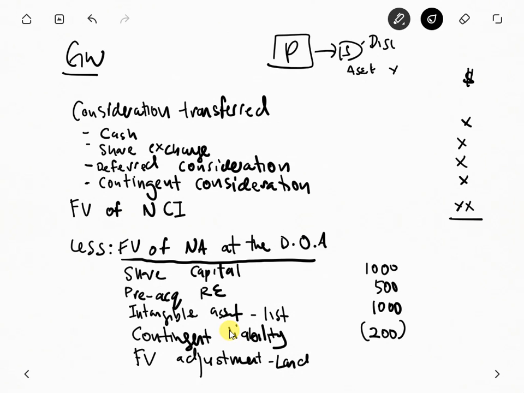The land recorded in the subsidiary's book is 1,000, however the fair value is 1,100. So the fair value is higher by 100. These two are similar: one is tangible, one is intangible.